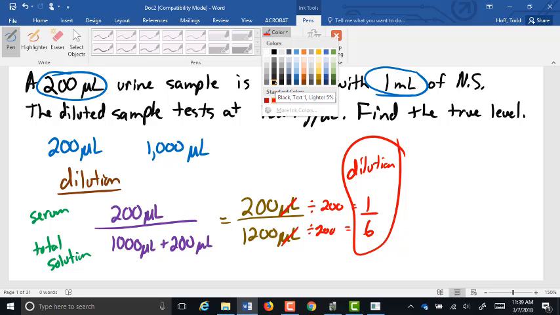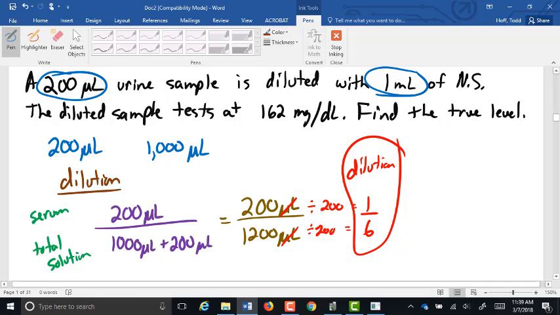Once we have that dilution, we can use that to convert our diluted reading to a concentrated reading. Remember, our dilution, 1 in 6, is going to be equated to a ratio of the diluted reading to concentrated reading.